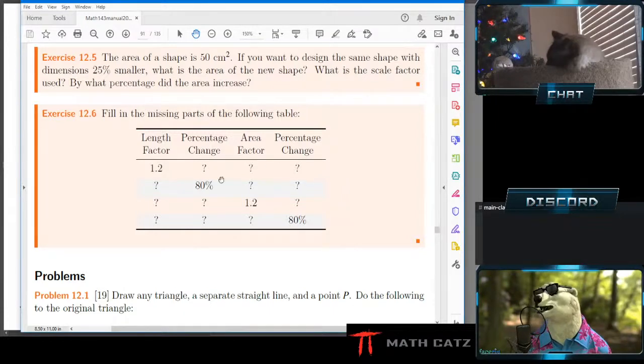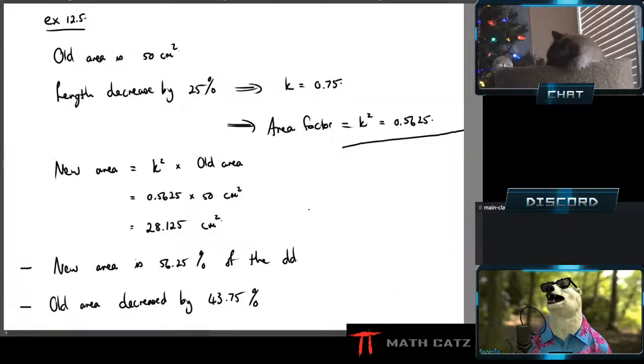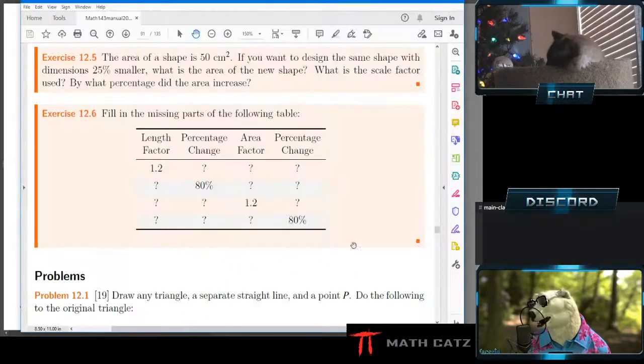Or in the second row, I could be given the percentage change in the length. Can I find the others? How do I do that? In any calculation, even k to k squared or k squared to k, there are no percentages.